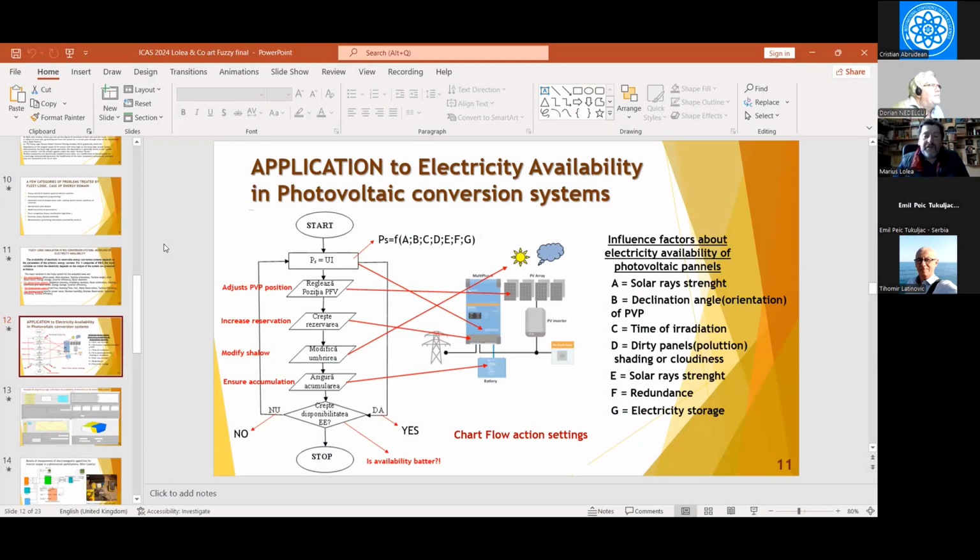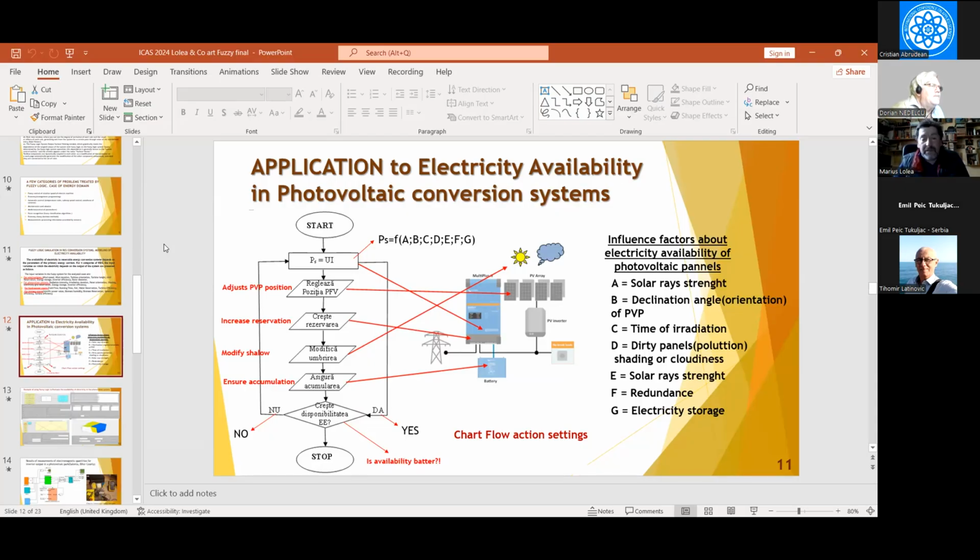Reservation means the power in reserve through connection links between two or more interconnected power systems.